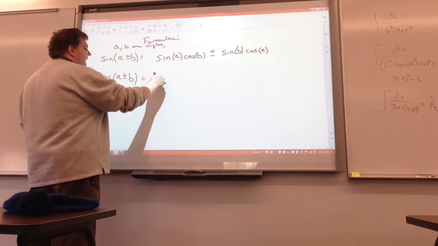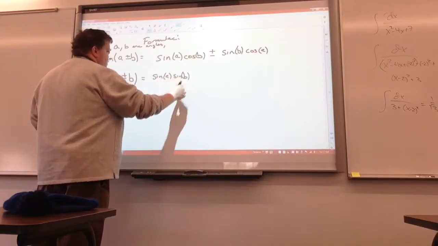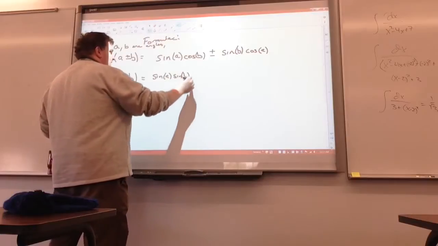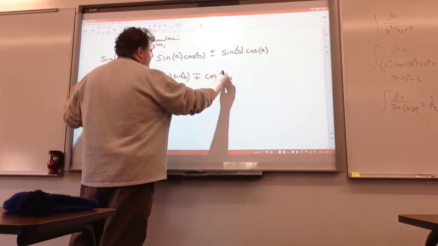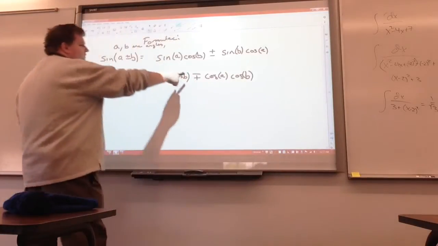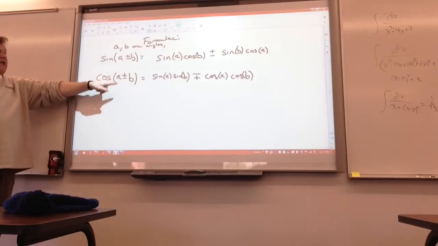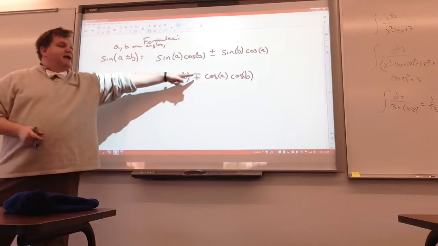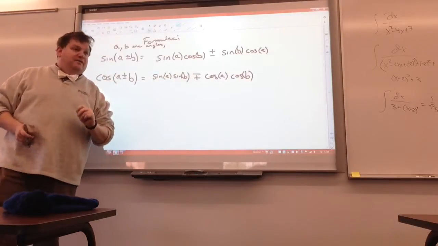It's the sine of A, sine of B, and here's where it gets really tricky: it's minus plus cosine of A, cosine of B. So the sign flips. If it's cosine of A plus B, it's a minus sign over here. If it's cosine of A minus B, it's a plus sign over there.